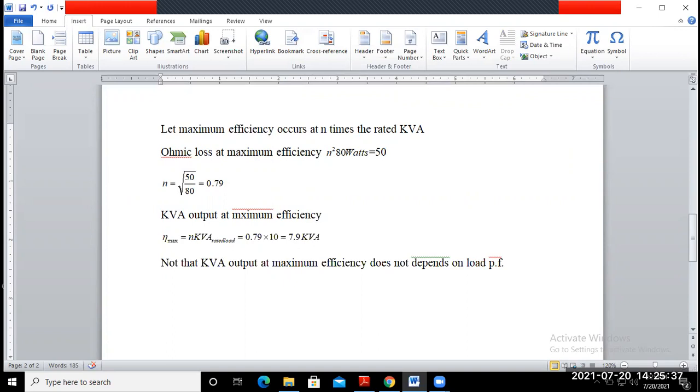So for maximum efficiency, what is the condition? Ohmic loss equal to core loss.